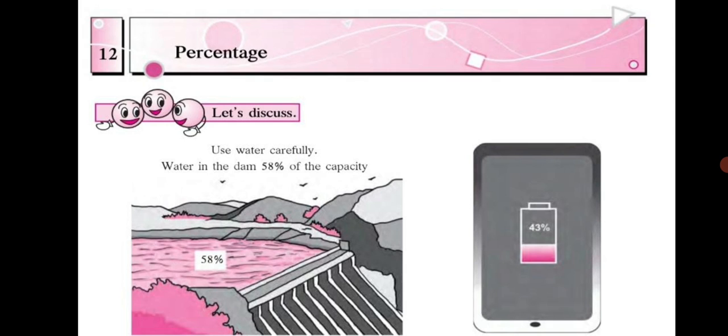So 58% water is in the dam, and 43% you can see in the next picture, which shows the charging of the battery level. While using mobiles, you must have very easily come across this percentage sign, which shows how much percent of the battery is left.